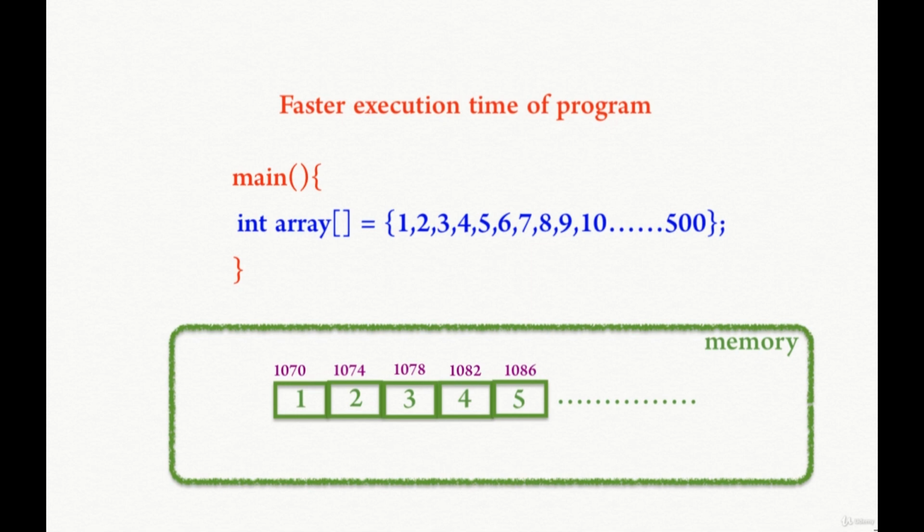So when we want to copy this array or move it somewhere, to a function or something, instead of copying all the values, and there are a lot of values, 500, we can send only the address of the first slot.